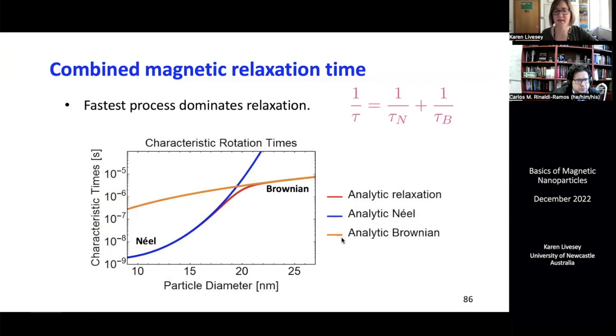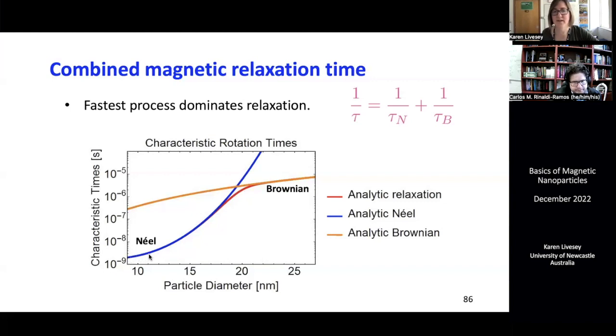And then the orange is our Brownian relaxation time. You might remember that just scaled with the volume or the hydrodynamic volume. So that is a little bit less steep in how it varies as the particle diameter increases. And then the red line, which you can just see poking out here, this is our total relaxation time.